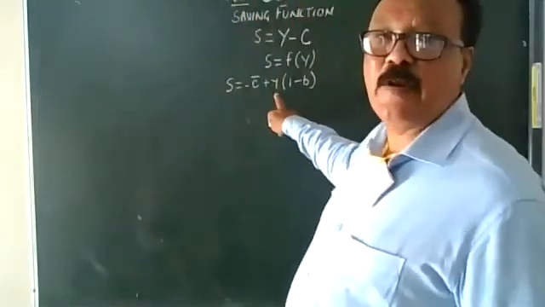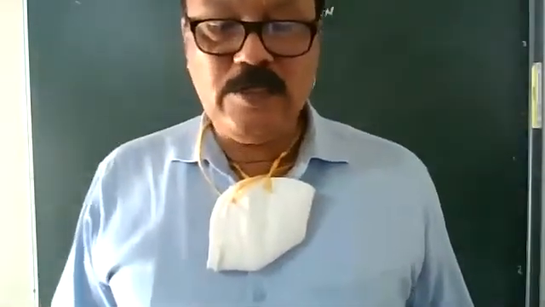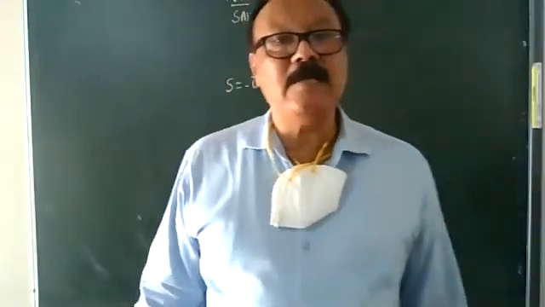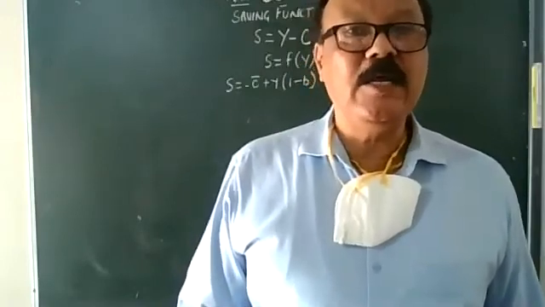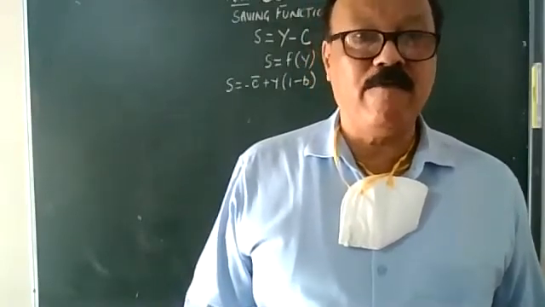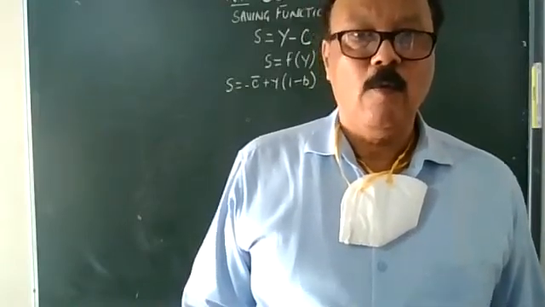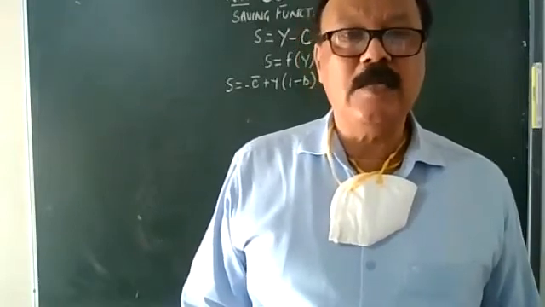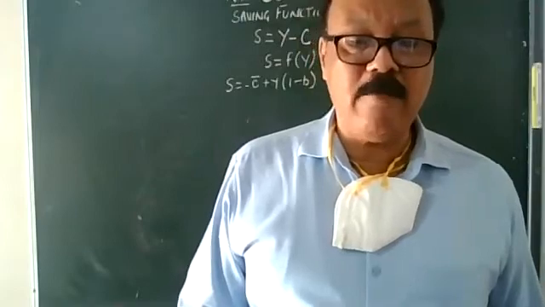Plus Y stands for income and 1 minus b will stand for MPS. MPS stands for marginal propensity to save. Write that down. 1 minus b is known as the marginal propensity to save.